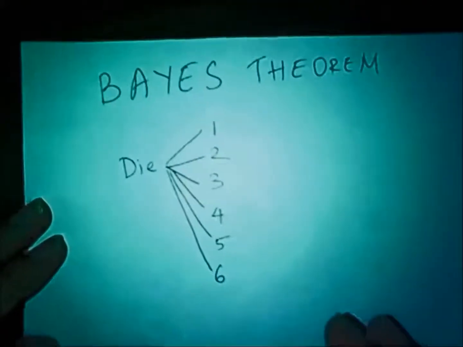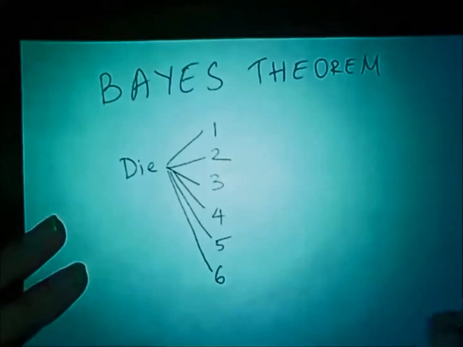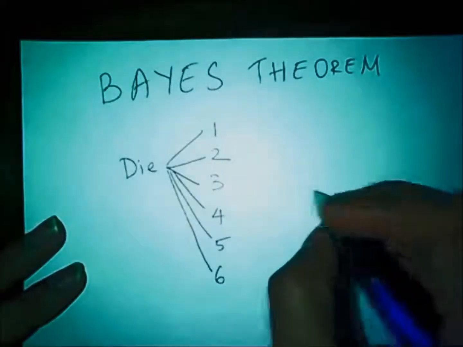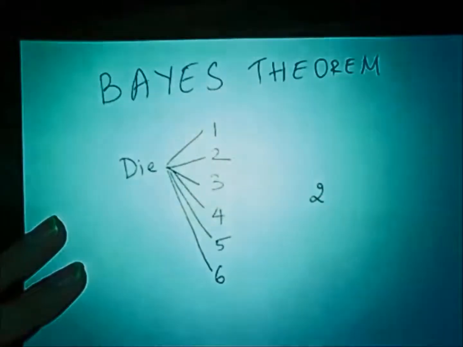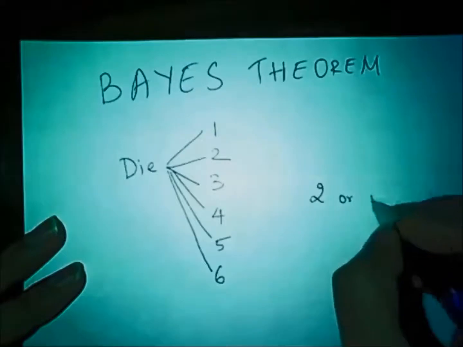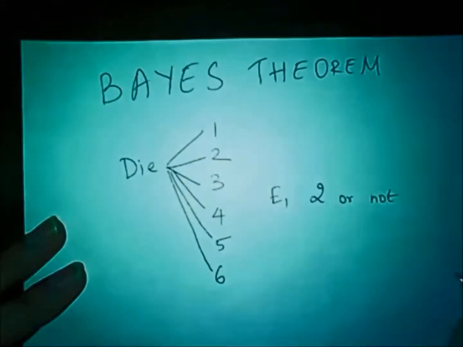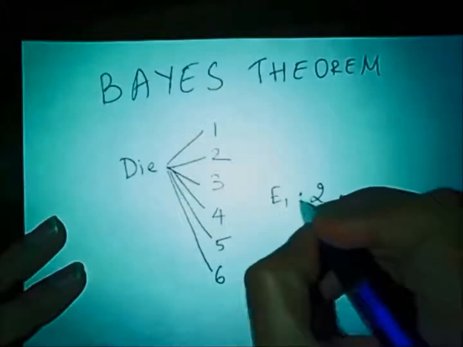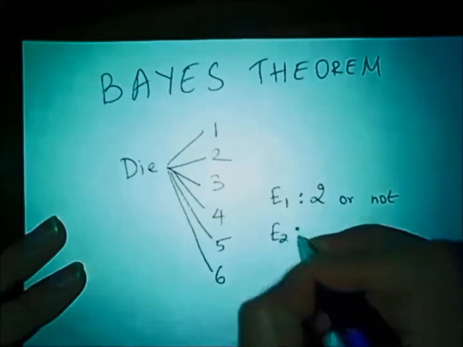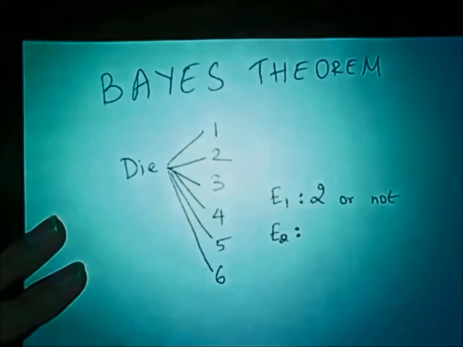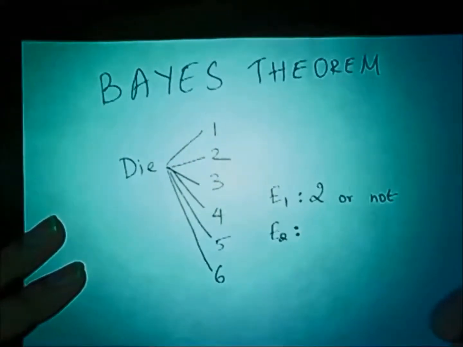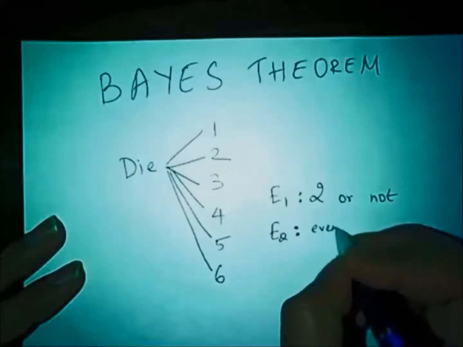So let us think of an event where we want to know whether after throwing a die we obtained 2 or not. Let us call this event 1 and let us call an event 2 as the event that when I throw a die I want to know whether I get an even number or not.